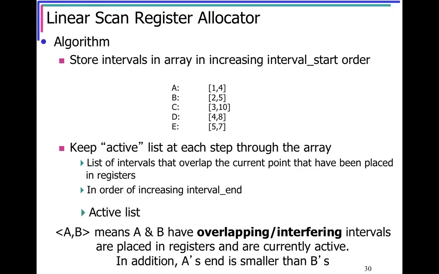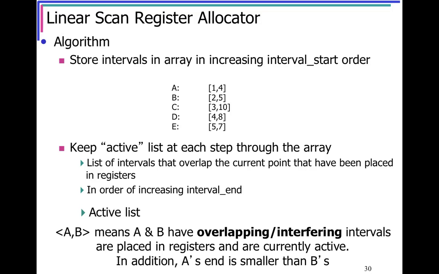We're going to keep an active list at each step as we step through this array to identify which symbolic registers we have allocated physical registers to. This active list is represented by greater than brackets, and within those brackets are the names that are currently active. That is, the symbolic registers that we currently have assigned to physical registers.